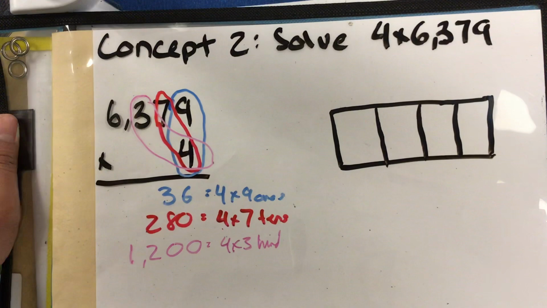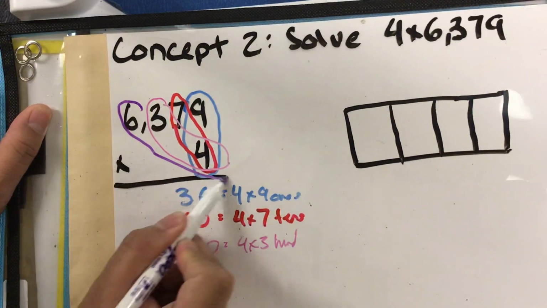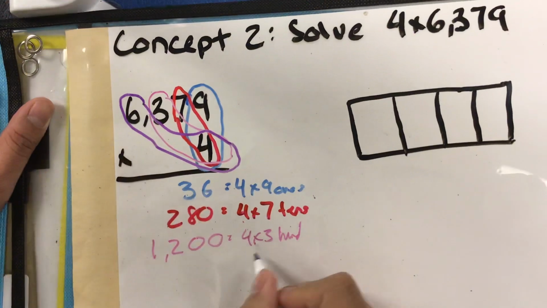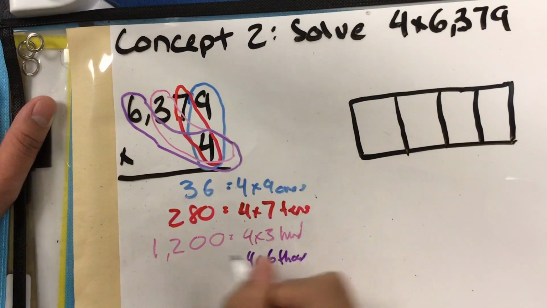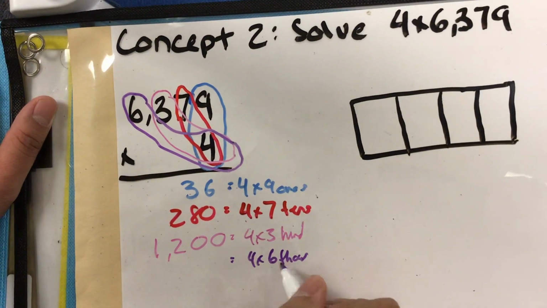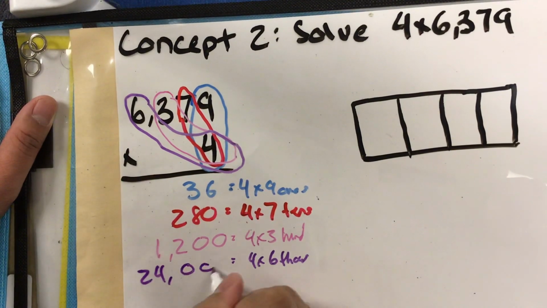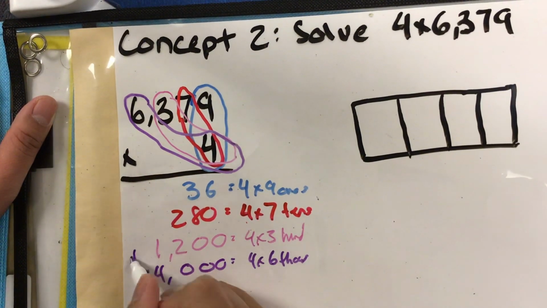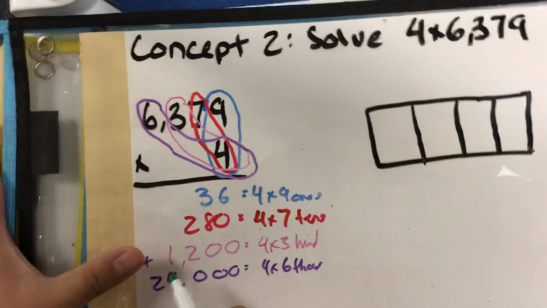And then the last one we have is 6 thousands times 4. So we have 4 times 6 thousands. And that's going to equal 4 times 6 equals 24 thousand. So now we have to add them all up together. Oh, sorry, adding's the green.